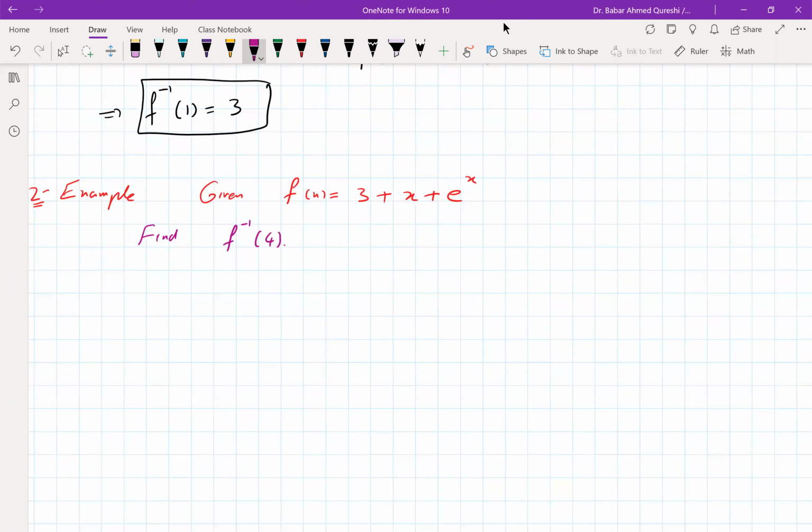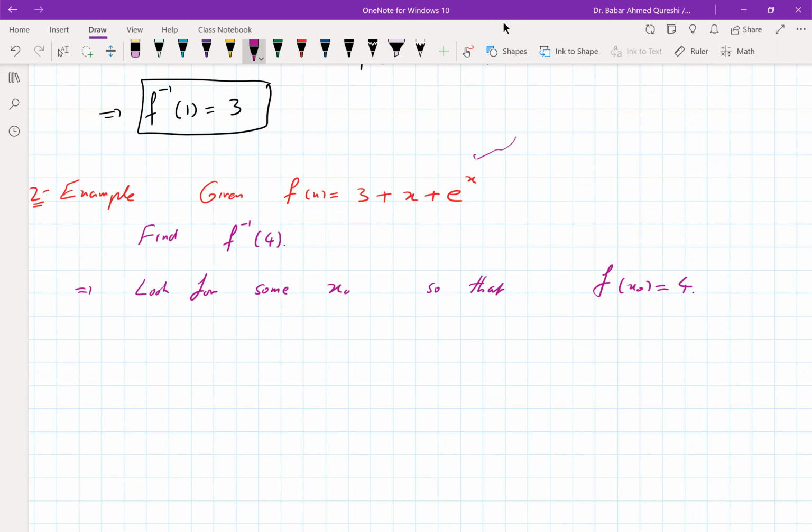So again, you are looking for some x naught so that f of x naught is 4. That's all you want.